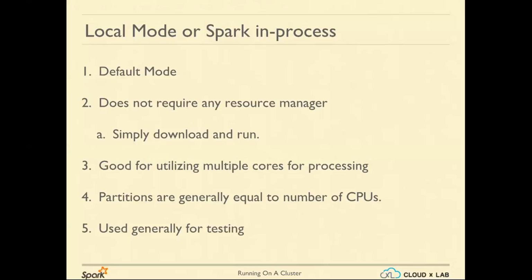All right. So the default partitions you create in this mode are generally a function of how many CPU cores you have. That's why when you say sc.parallelize, it'll create four partitions by default, because we have 4 cores on the machine. So by default, if you are running in this mode, the RDDs will have partitions equal to the number of CPUs. Okay.